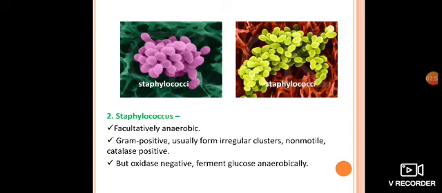Now they are gram positive. Usually they form irregular clusters. In both the images we observe that they are totally irregular in cluster or shape, and again they are non-motile and catalase positive. If they are gram positive, they are termed catalase positive, and they are non-motile.